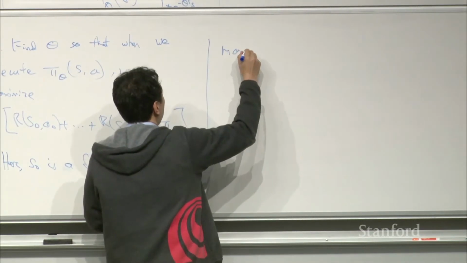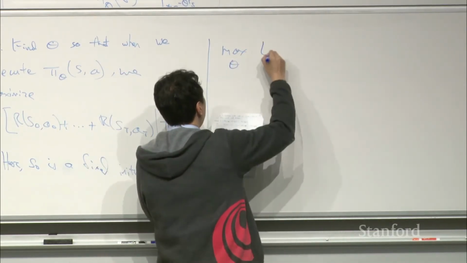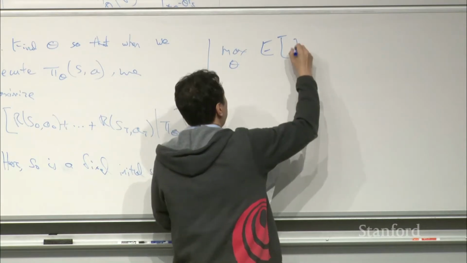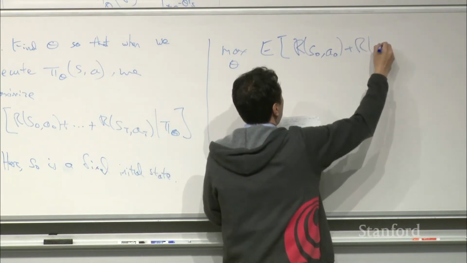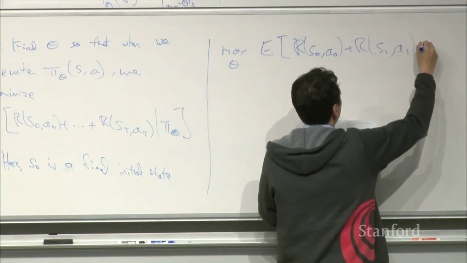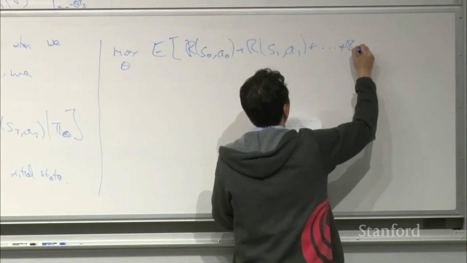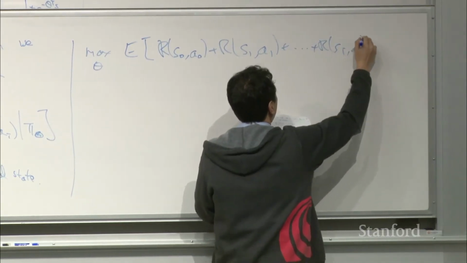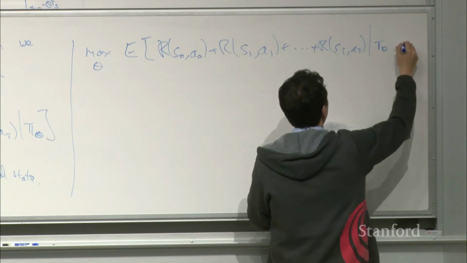So, let's write this out. The goal is to maximize over all theta the expected value of R of S0, A0, plus R of S1, A1, plus dot, dot, dot, up to R of ST, AT, right? Given pi theta.